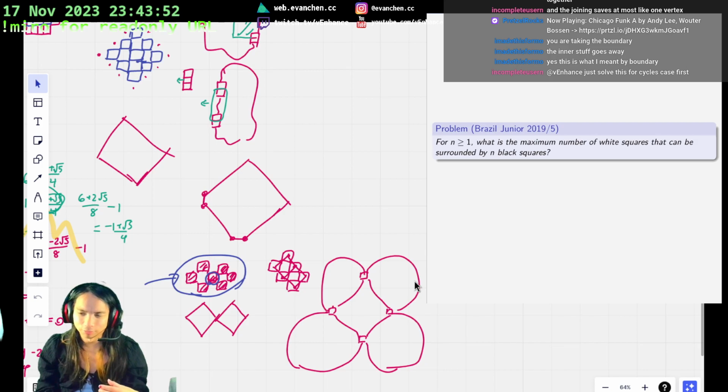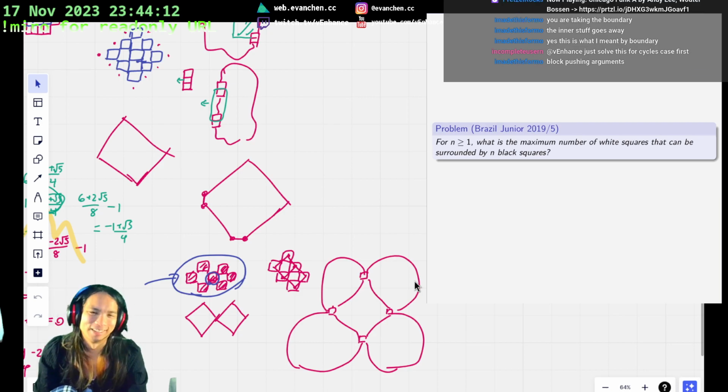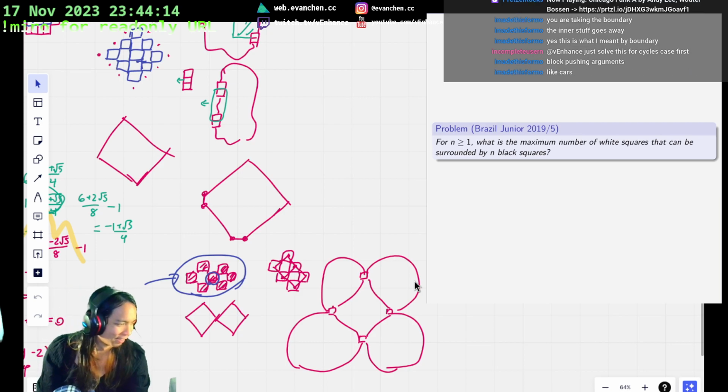Or actually, not even reflection, just a shortest path argument. Yeah, if you have a non-convex bit, you just eat it. You make it convex and it's fine.